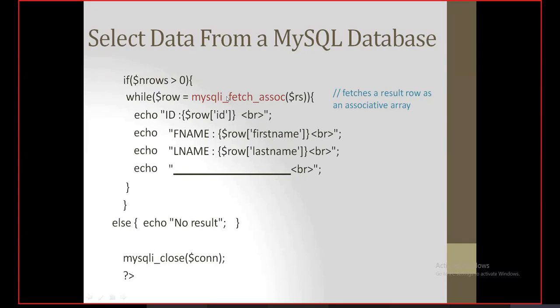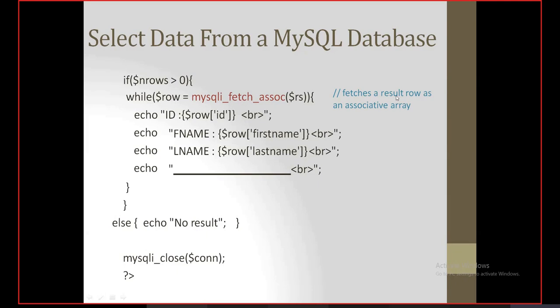So whichever column names or attribute names are there, those will be the keys, and that row's values will be the values for those keys. I hope you all are getting it, right? So in order to convert every row present in the result set into a corresponding associative array, like a key value pair array, we are using this function, MySQL underscore fetch underscore assoc.